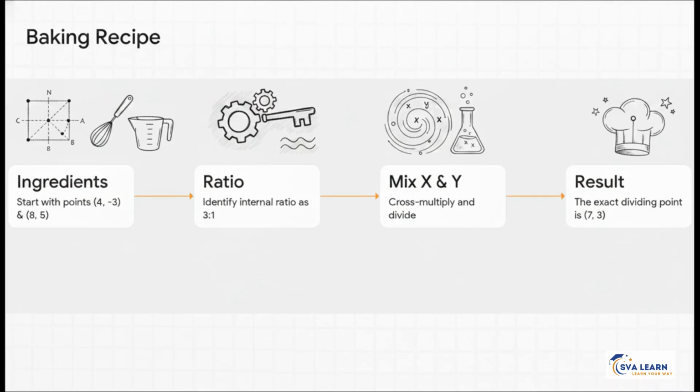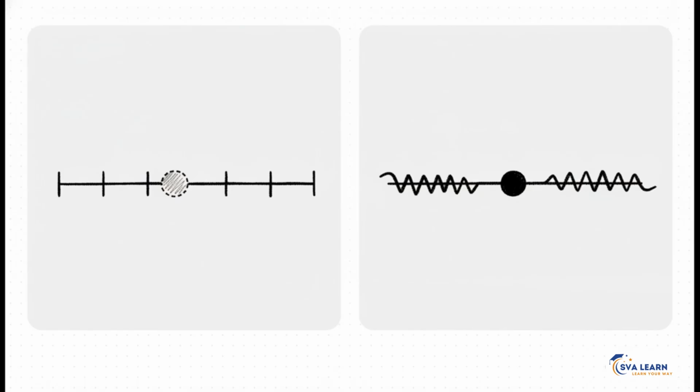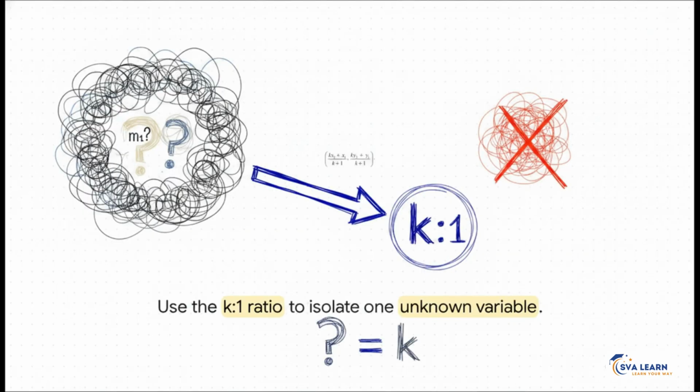Pretty satisfying, right? But here is where things get really fun. What happens when we level up? In that last example, we knew the ratio, and we had to find the point. But what if we already know the coordinate point that splits the line, but the ratio itself is the mystery we need to solve? Well, if we just plug unknown variables m1 and m2 into our formula, the algebra becomes a complete nightmare.